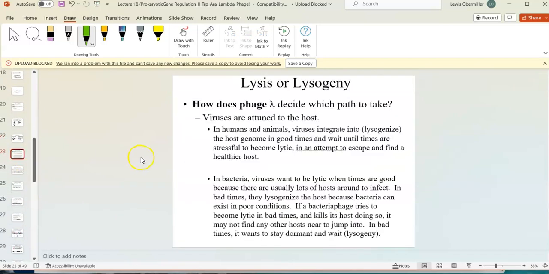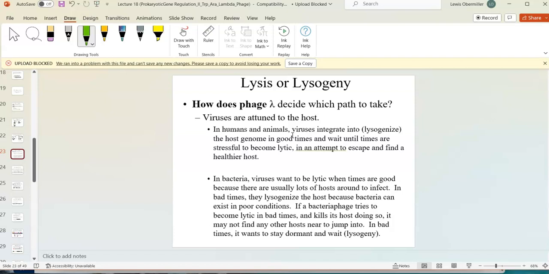All right. So how does the phage decide to do that? It's kind of a good strategy. In humans and animals, the virus integrates into the host when times are good, because it doesn't want to kill the host, right?